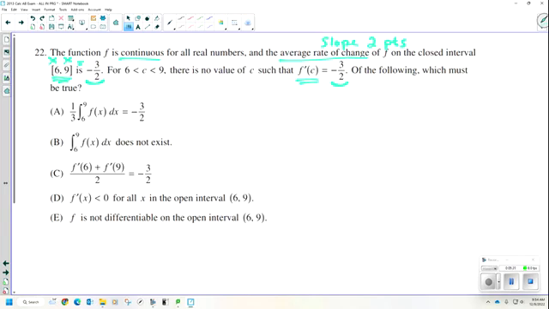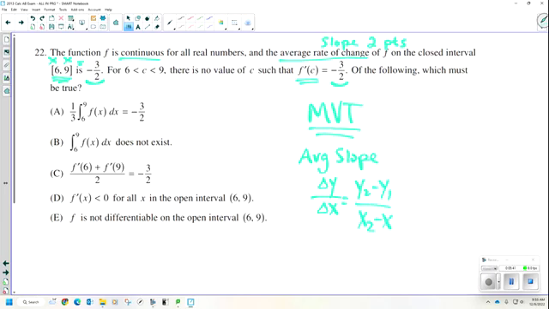This is screaming mean value theorem knowledge. My average slope, which is my change in y over my change in x, which is basically y2 minus y1 over x2 minus x1, has to equal the derivative at some point.